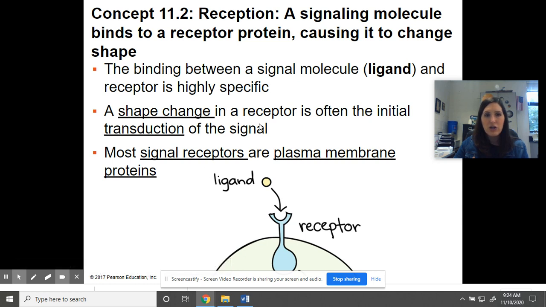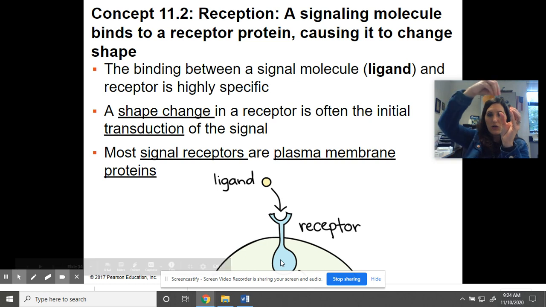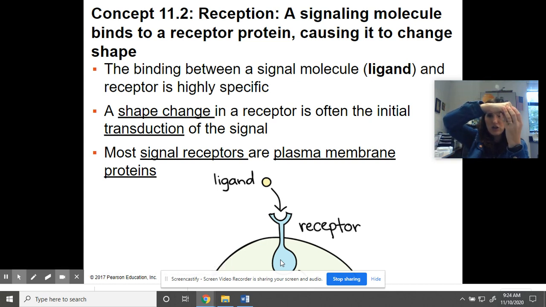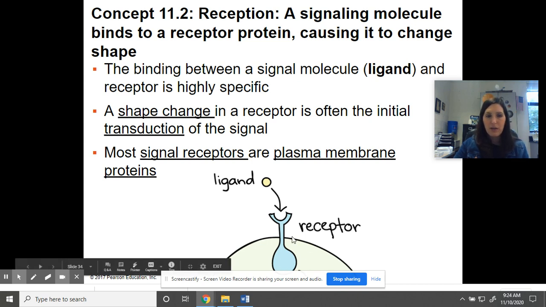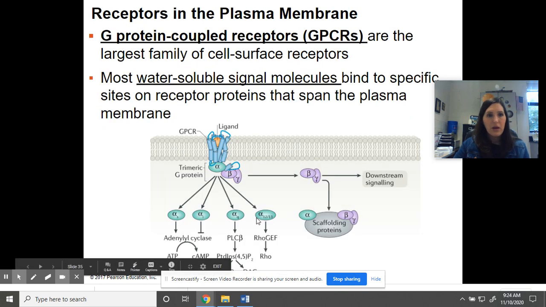A shape change in the receptor is often the initial transduction. So the first thing that happens, the receptor changes shape. So when the ligand hits, and then this receptor changes its shape, or it allows it to come in, but the shape changes in the receptor. Most signal receptors are plasma membrane proteins.